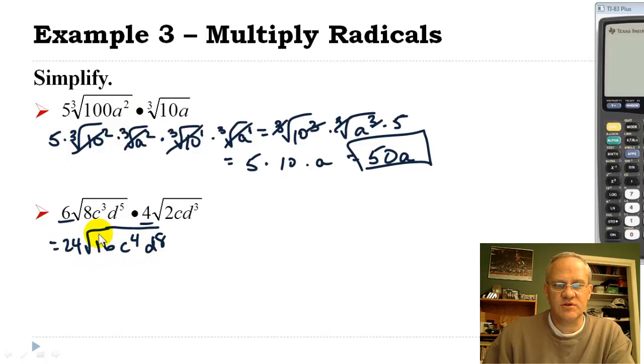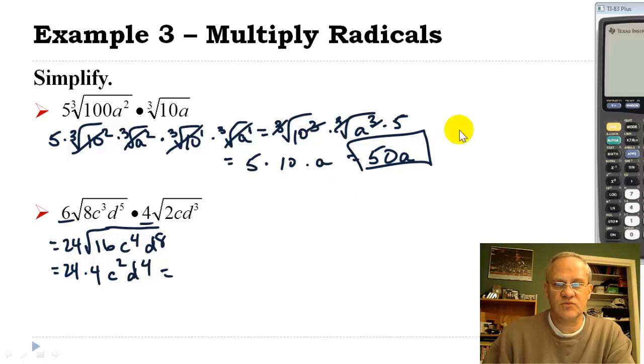But then let's just simplify this. Here, what do we got? 24 square root of 16? 4. We got c to the fourth. The square root of that, 4 divided by 2 is c squared. And then 8 divided by 2 is d to the fourth.